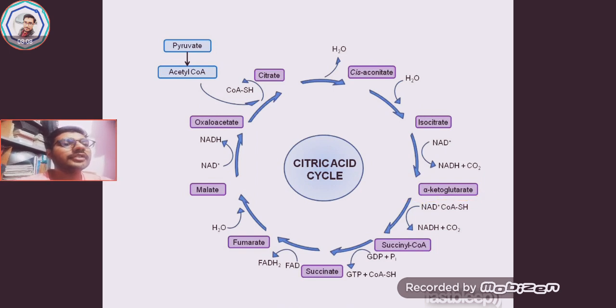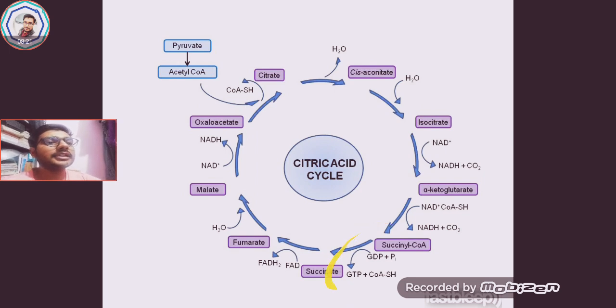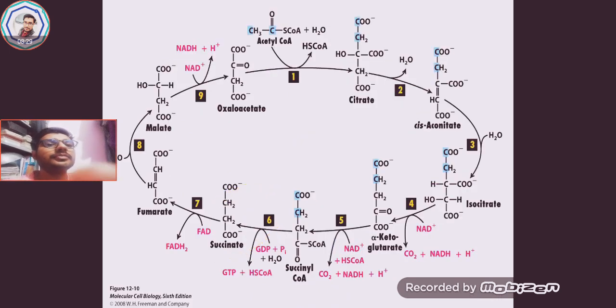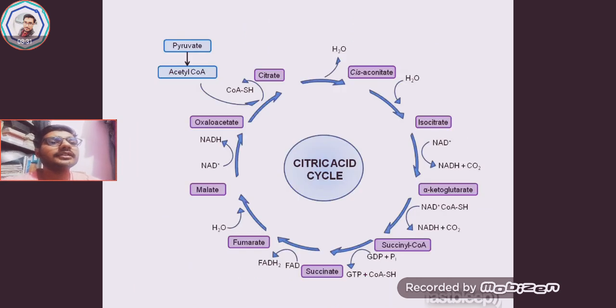NAD is converted into NADH and a carbon dioxide molecule is released. One more carbon dioxide molecule is released and NADH is produced. One ATP is produced. One FADH2 is produced. One more water molecule is consumed, and here one more NADH is produced.